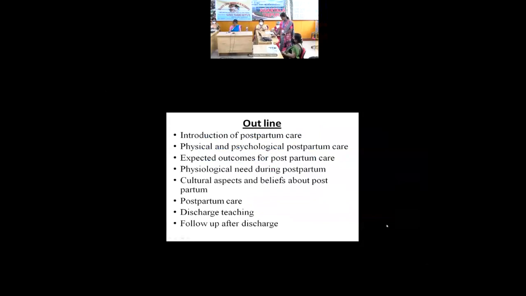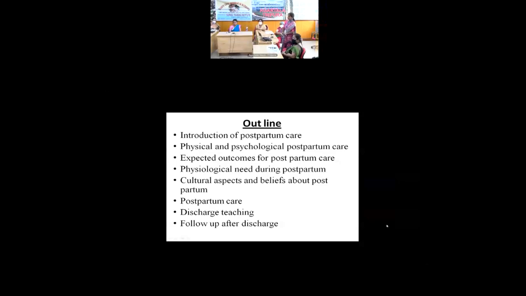So, in the postnatal care, what care will we take for the mother? This we have to summarize first: what care we should take for the mother after the delivery, after the expulsion of the placenta, and the fourth stage we also give in the labor room, and after then we will take the care of the mother.